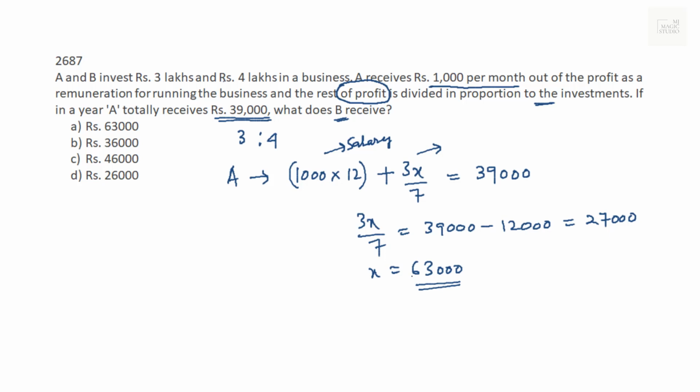The profit which is being divided among A and B is actually 63,000 only. Then how much should B get? B should get 4/7 part of the profit available for distribution. 7 9 times 9,000. So B should get 9,000 into 4, that is 36,000 as the profit, and that is in option B.